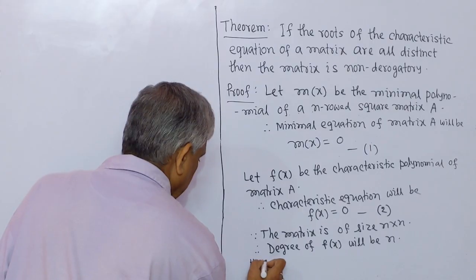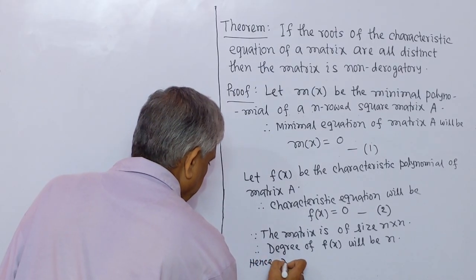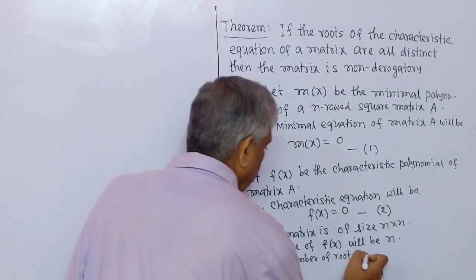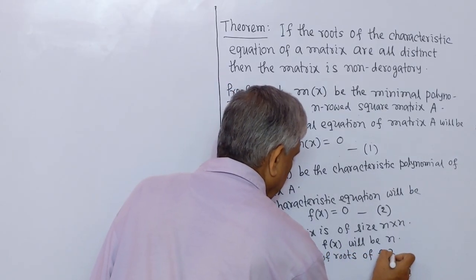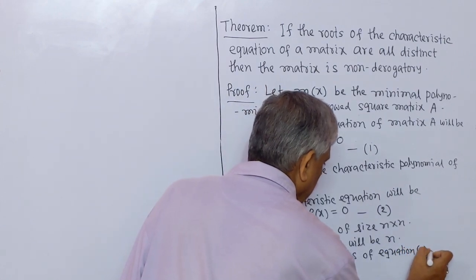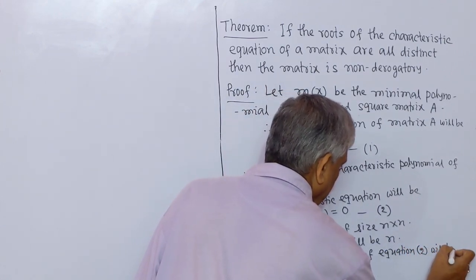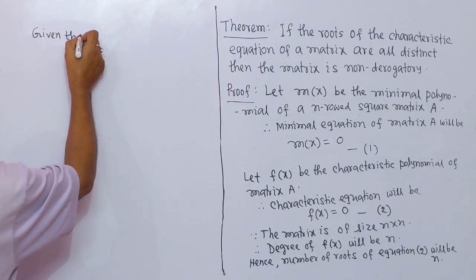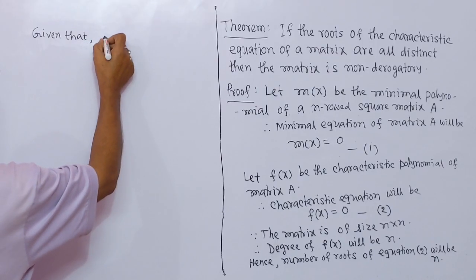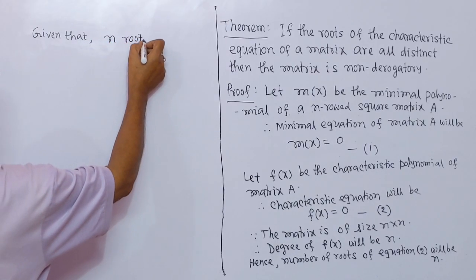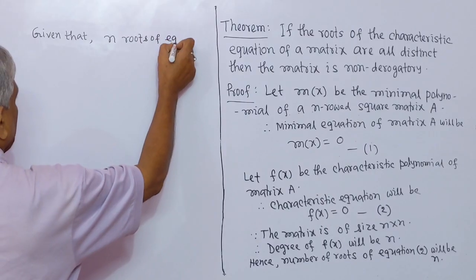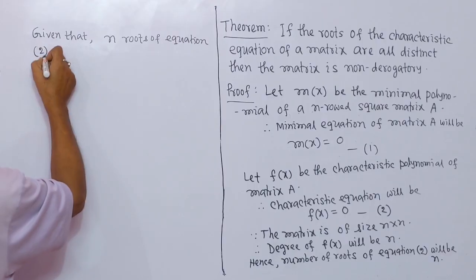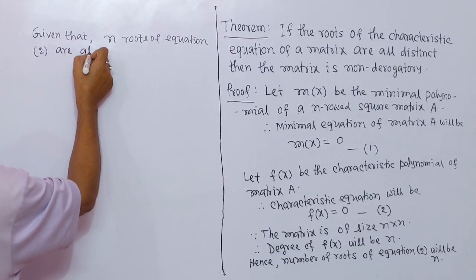Hence, number of roots of equation 2 will be n. Given that n roots of equation 2 are all distinct.